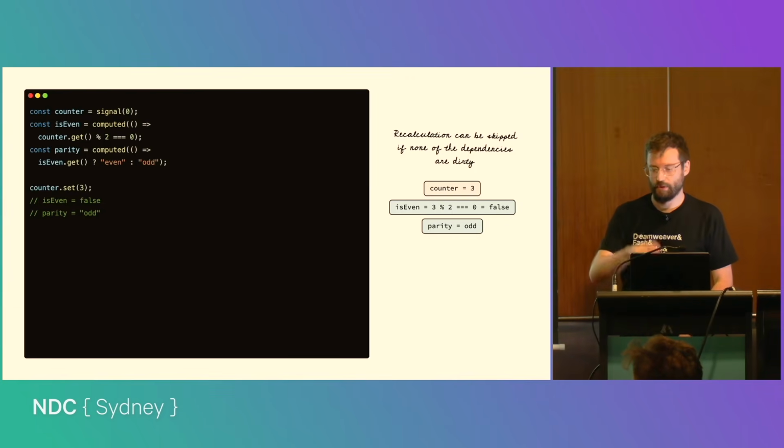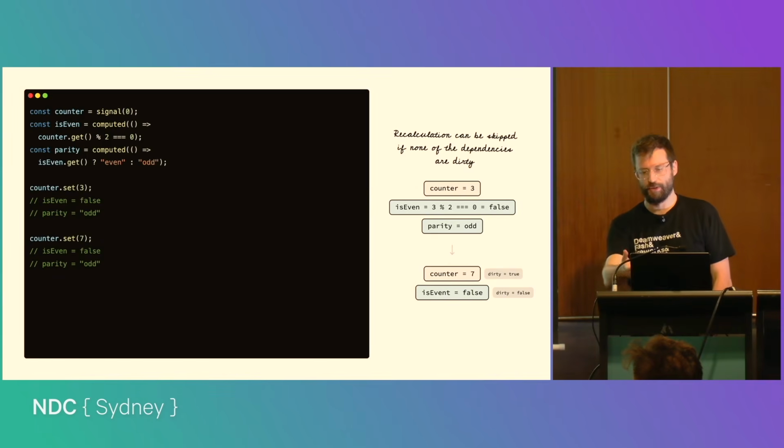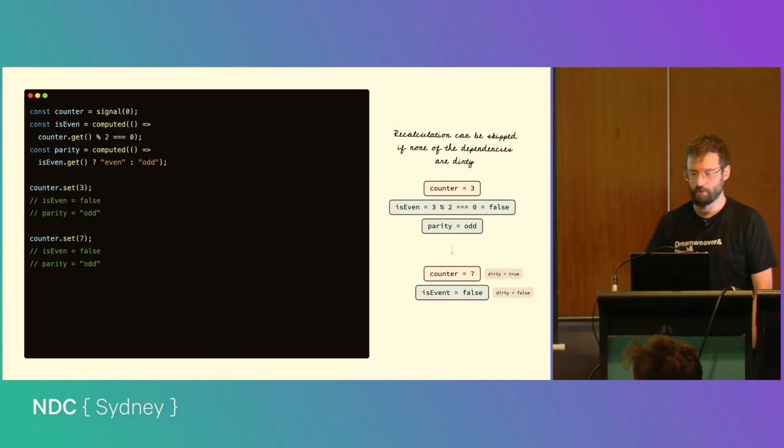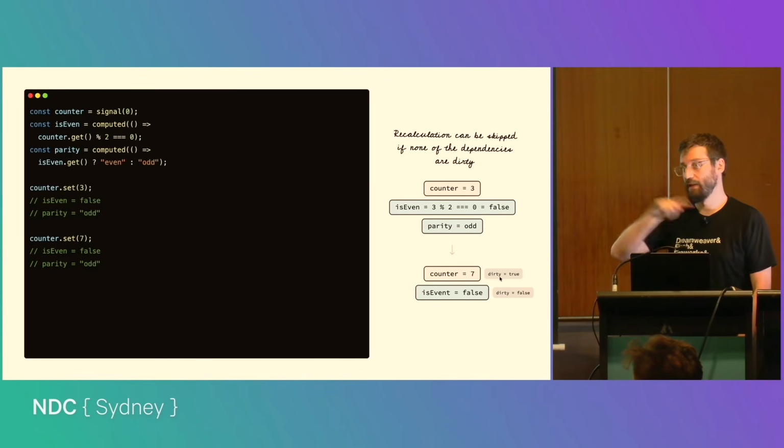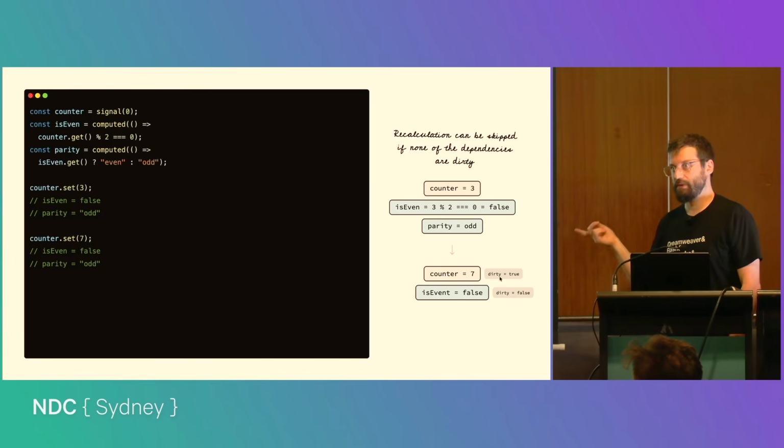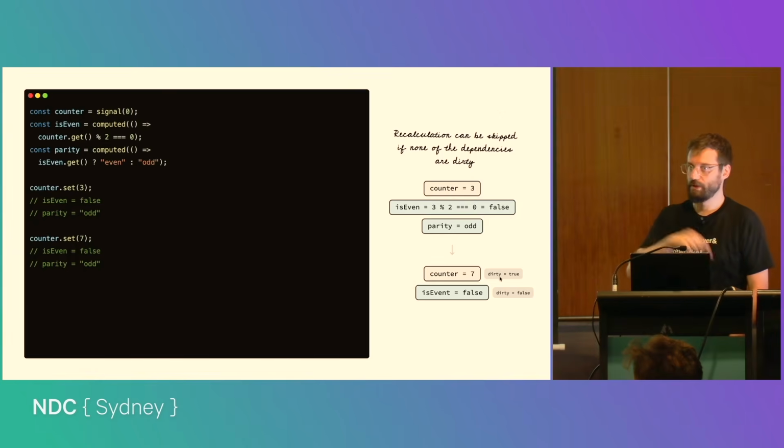Whenever a signal changes, in this case we have counter, and then two derived values, is even and parity. When we change counter, we mark it as dirty. And for every derived value, if any of their dependencies are dirty, we know we need to recalculate because the derived value might have changed.